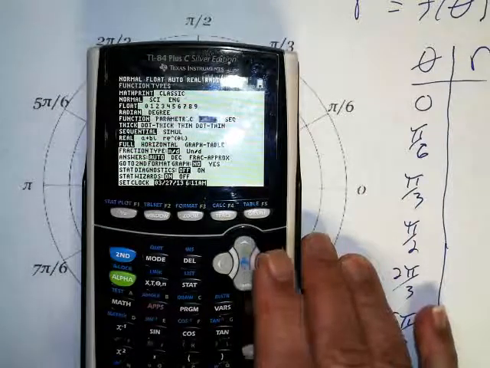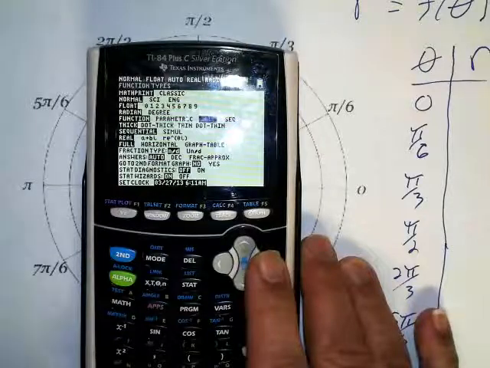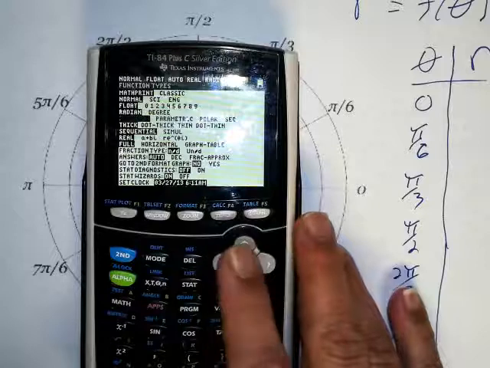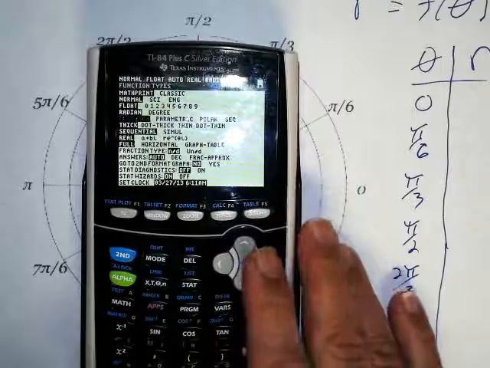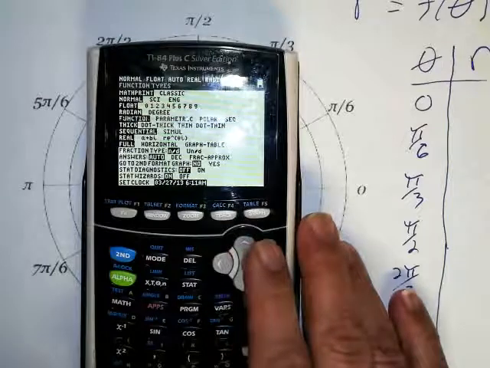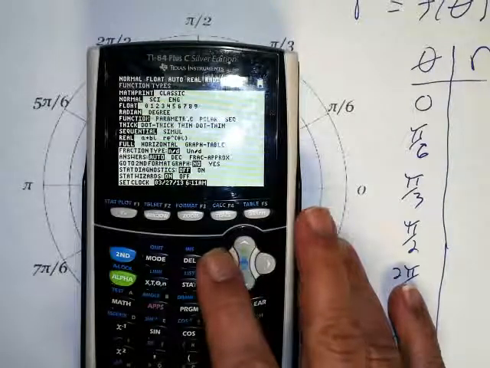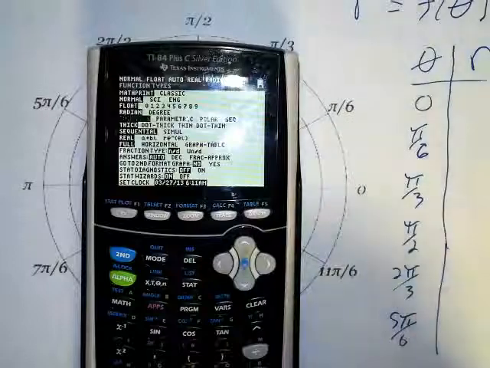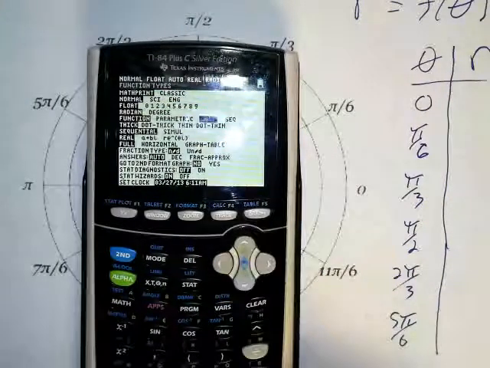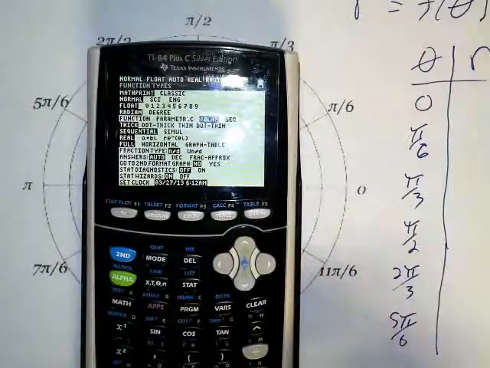Then there's polar coordinates, which is what we're doing now, and then sequences, which you don't do until Calc 2. So we're going to learn how to do function, parametric, and polar. One neat thing about this class is you learn about 3 out of the 4 types of graphing utilities on here. So I'm going to go over to polar and hit return.